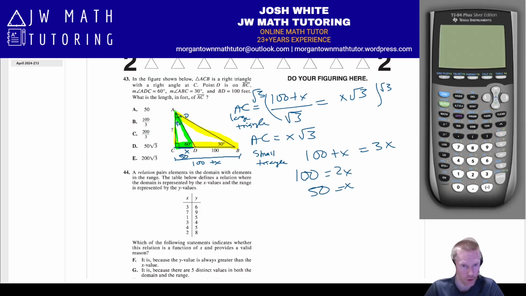Now, of course, we want to know what AC is, so remember we set up here AC is x root 3, so that just means it is 50 root 3. So we get the same answer. It's more work, and I think it's also more complicated to understand. But if you don't recognize that these two sides must be congruent, this is an alternate approach you can take to solve this problem.